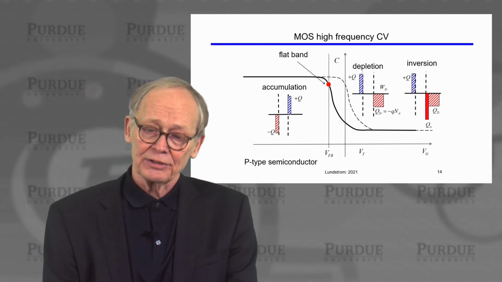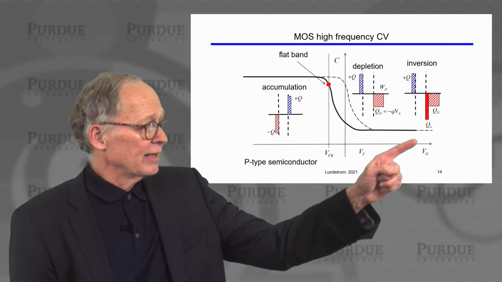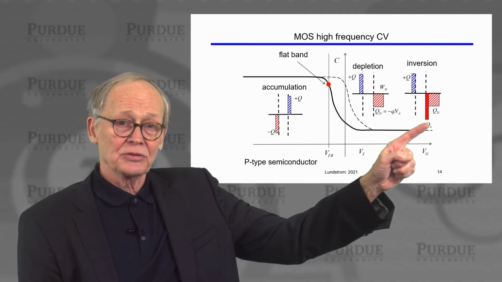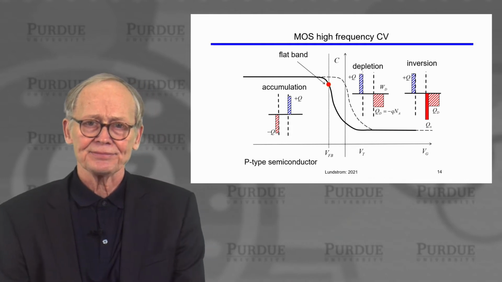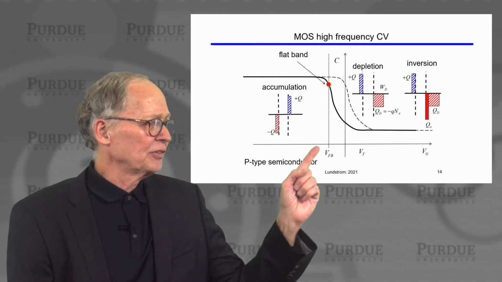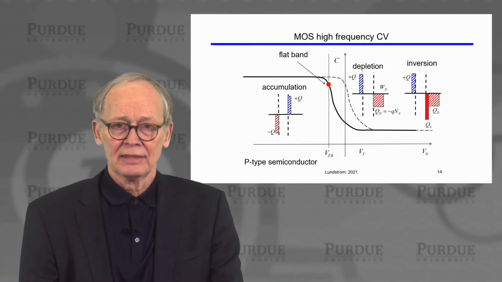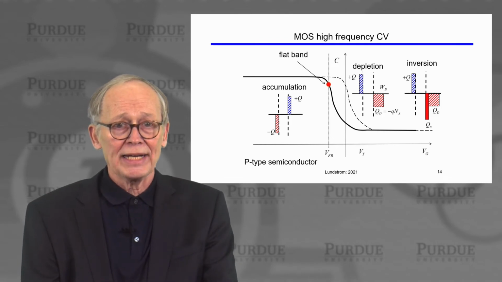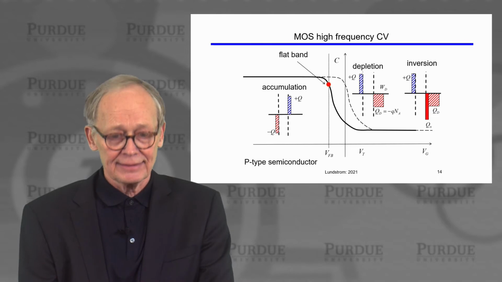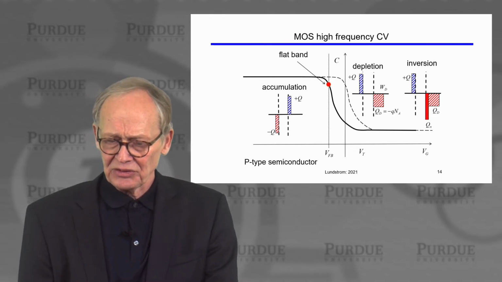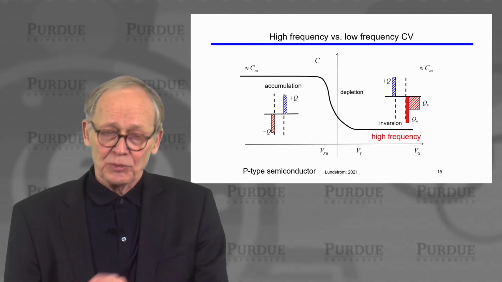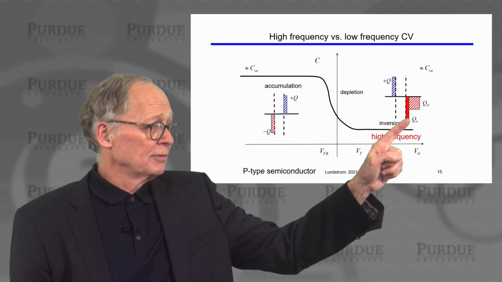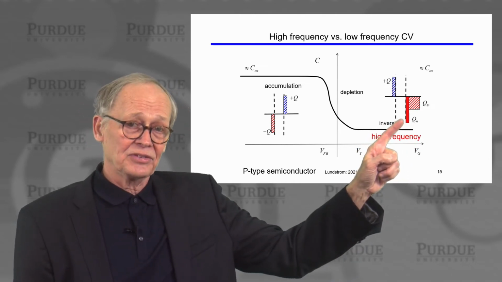When the semiconductor inverts, we get a highly conductive layer of mobile electrons right below the oxide. This might look very similar to the accumulation case: metallic-like plates surrounding an oxide. Why don't we get the oxide capacitance? Well, the reason is, if we do this measurement at high frequencies, these charges are there, but they cannot follow the AC frequency.